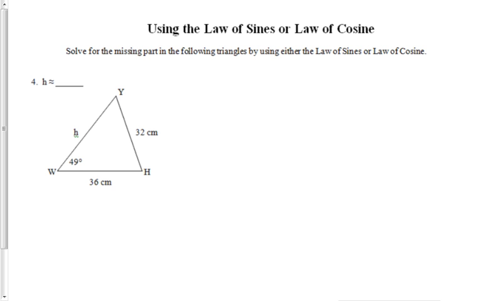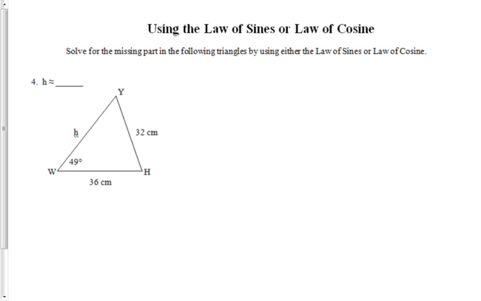All right, the next problem on the worksheet is actually on the back of the worksheet, and the directions say to use the law of sines or the law of cosine. So we have to decide which one to use here, or maybe we have to use more than one. So they're asking us to find h, lowercase h, which is side h, right there.